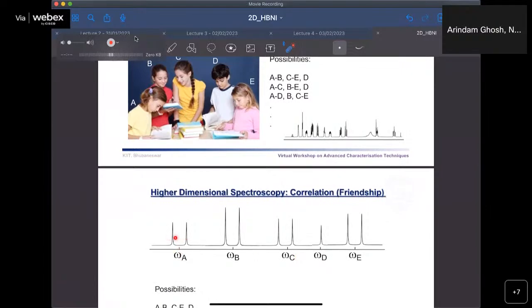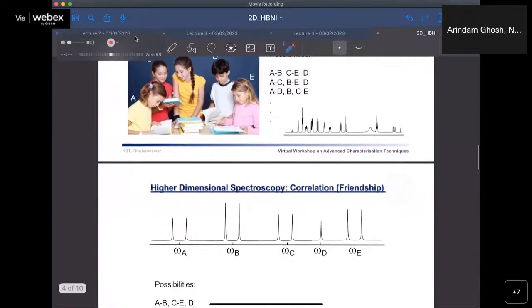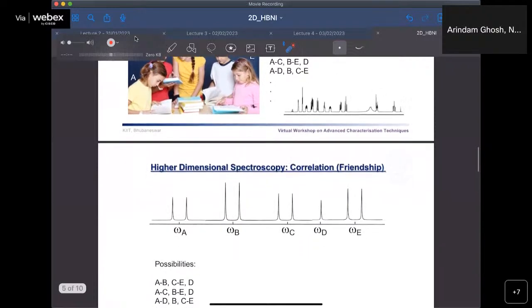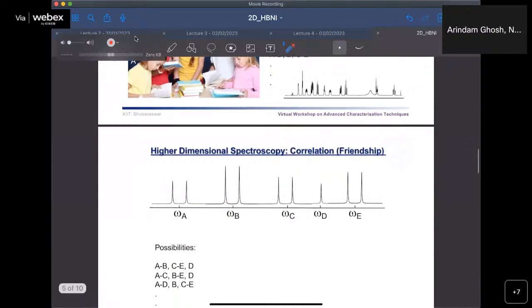The coupling will give splitting, which I have not told separately. I can see that omega is split into two, so that means it has a coupling with someone. B is also split, C is also split, E is also split, and their splitting is exactly the same amount. So we do not understand how this is happening.